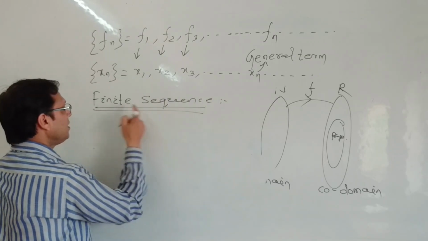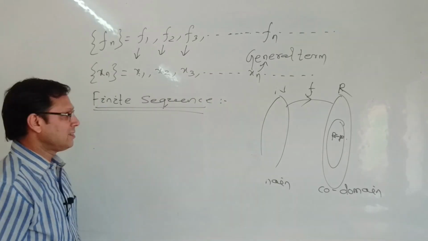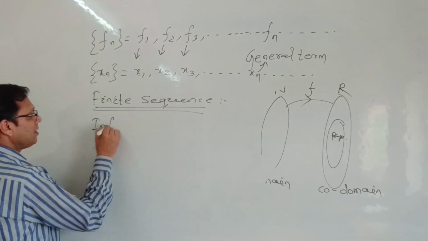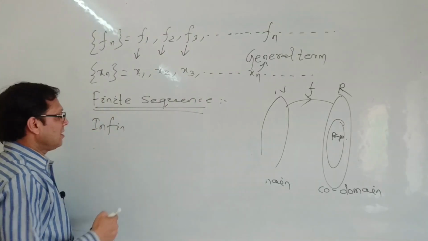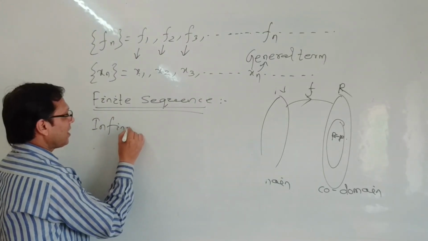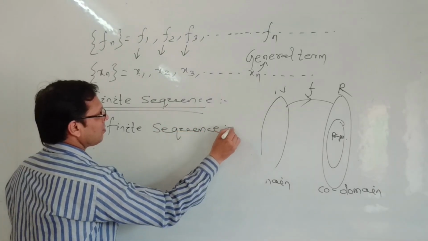That means in a finite sequence, the number of terms is finite, and if the number of terms is not finite, then you can say this one is an infinite sequence. Okay, do you follow or not?